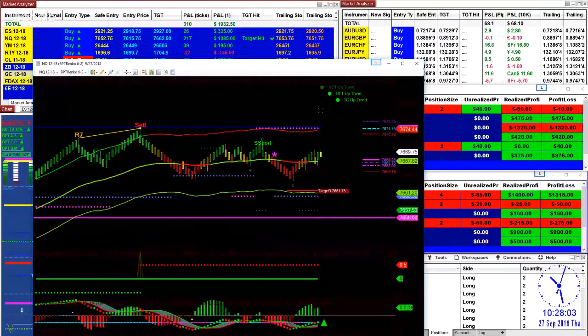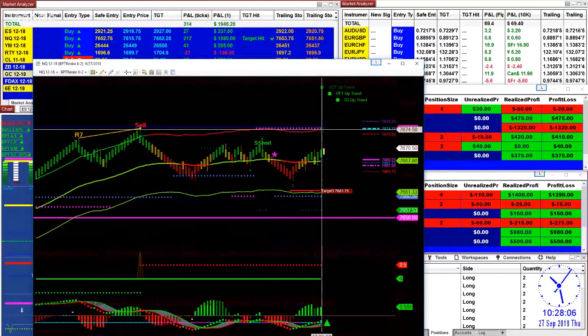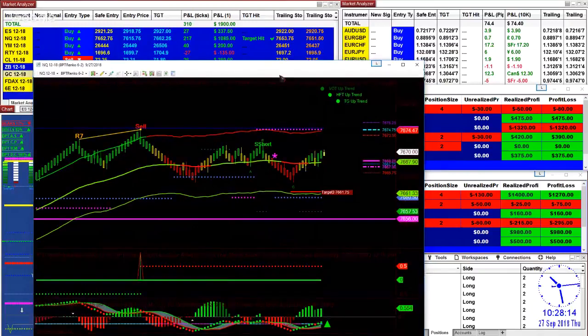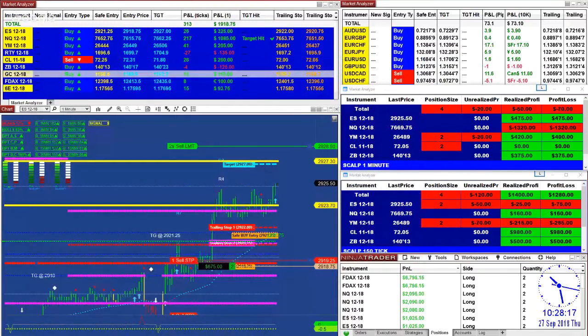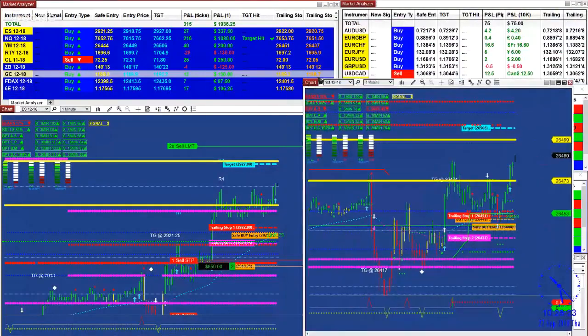I'll keep my eye on it. I don't want to call the trade ahead of time. I will keep my eye on it at 74.50, and then we'll let you know if this one is genuine or not. Here is your YM.